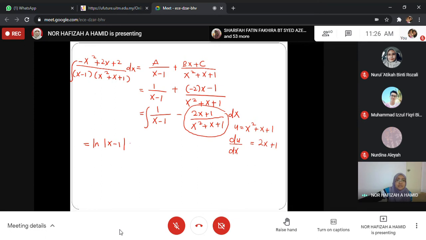Okay, so I integrate the minus. I solve using substitution with u, then times dx. So dx is du over 2x + 1. Okay, so you can cancel 2x + 1. So ln|x minus 1| and you need to integrate 1 over u. Integrating 1 over u is also ln u plus c.